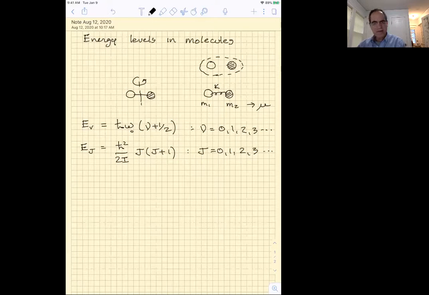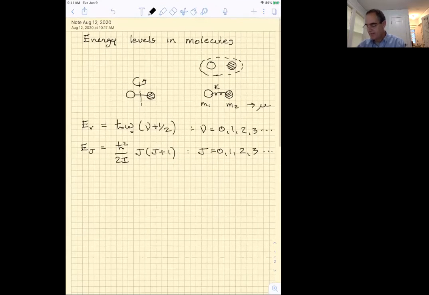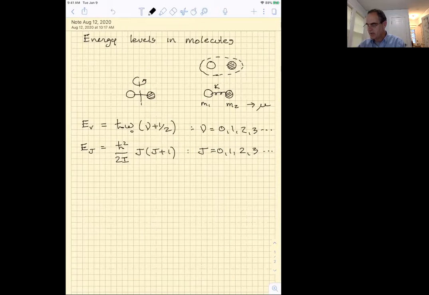It's h bar squared over 2I times j times j plus 1, where I is the moment of inertia of the molecule about this axis. And j is a separate quantum number, which takes on the values 0, 1, 2, 3, and so on as well. Okay?